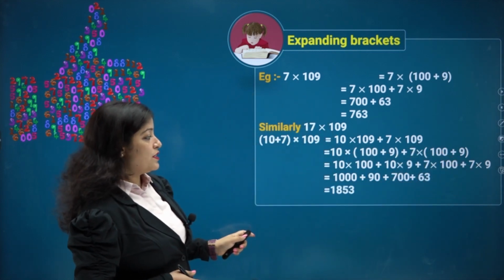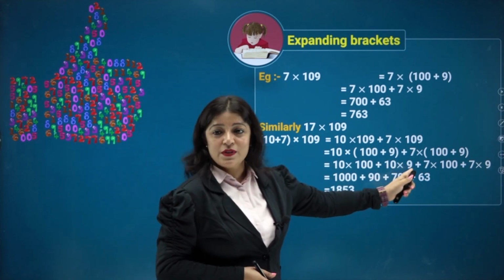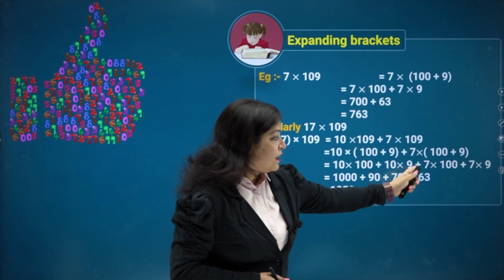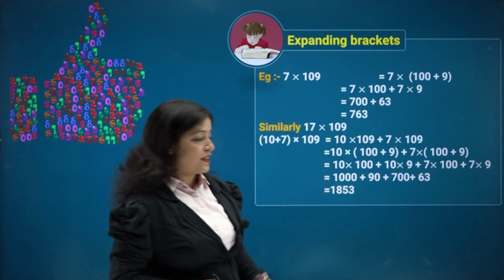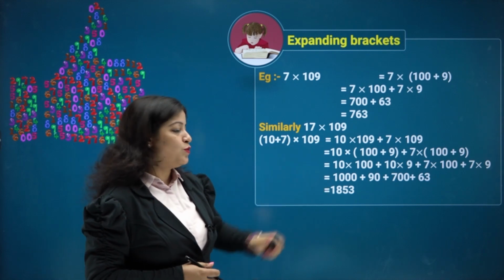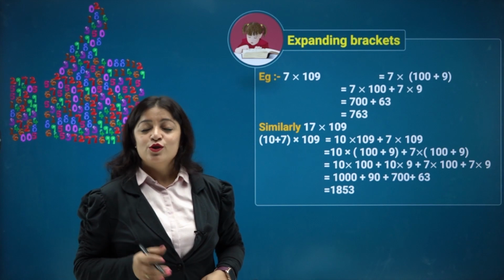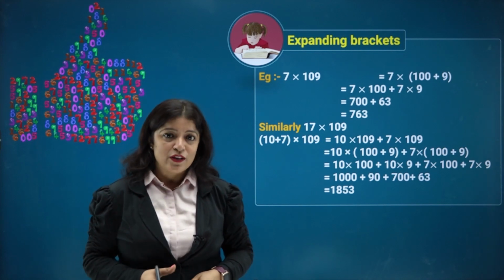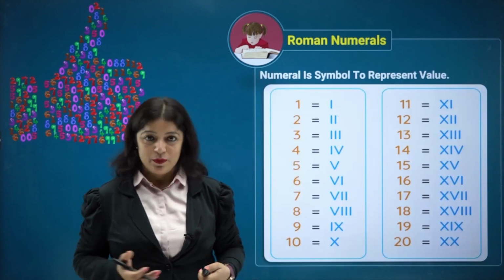So here we noticed 10 times 100 is 1000, 10 times 9 is 90, 7 times 100 is 700 and 7 times 9 is 63, and finally we add them together to get 1853 as our required answer. So this way we can use expansion of the brackets by splitting a number into 2 or maybe 3 parts.